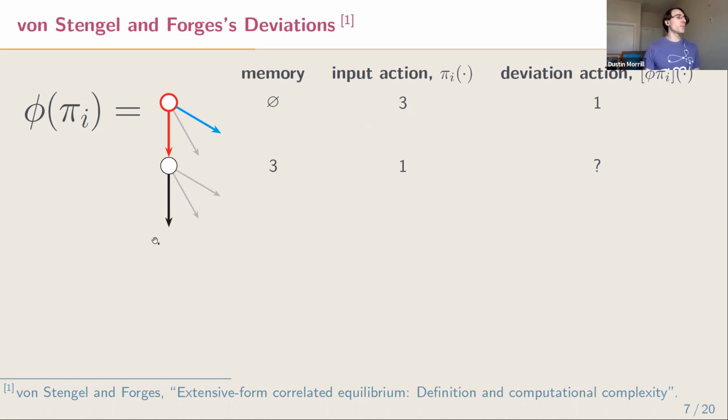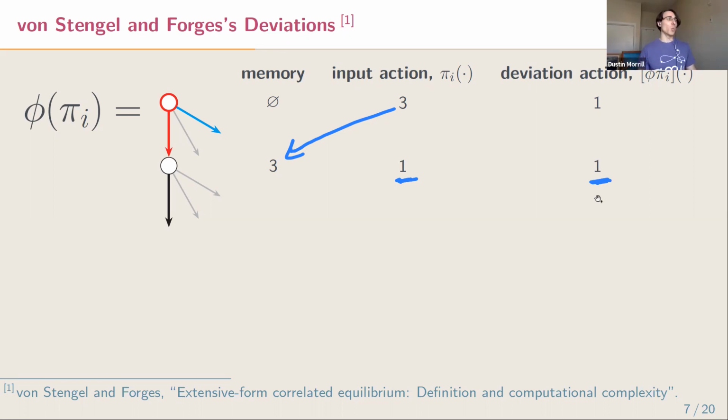In the next information set, the deviation player gets to remember that the input strategy played action 3 in the previous information set. They also get to see at this information set that the input strategy would play action 1. And again, they need to play some other action. So perhaps this time the deviation player doesn't modify the action at all.